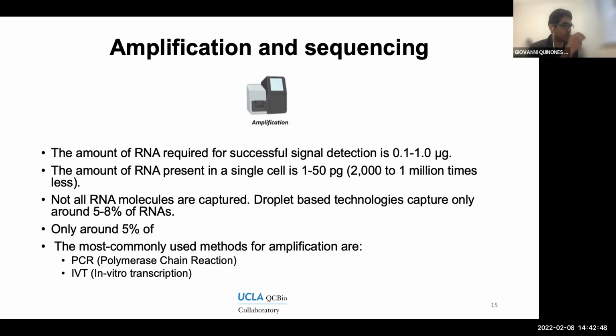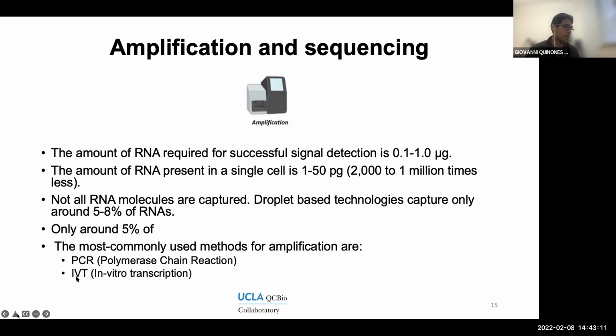Hopefully most of you are familiar with this. I explained briefly before, which relies on the usage of primers that will bind to your original DNA molecule, and then it will start transcribing and making copies in an exponential fashion.